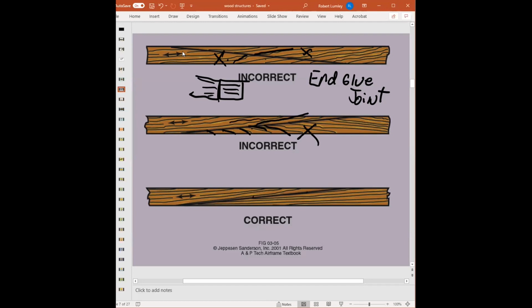Now, the other thing is when we're preparing the wood to be glued, the one key component, what we don't want to do is we don't want to sand the wood before we glue it. And the reason is because when we sand it, we make sawdust or sanding dust.